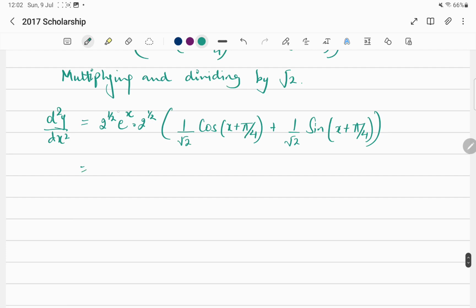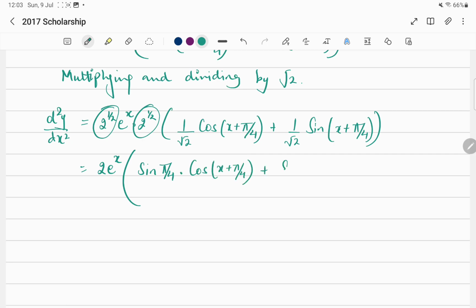That gives us 2 e to the power of x. This leaves us with sine pi over 4 cos of x plus pi over 4 plus cos pi over 4 sine of x plus pi over 4.